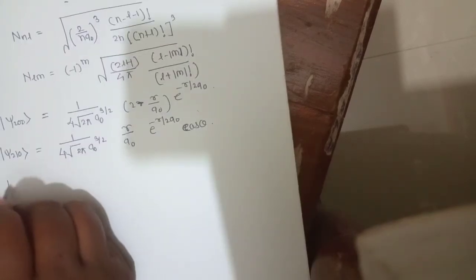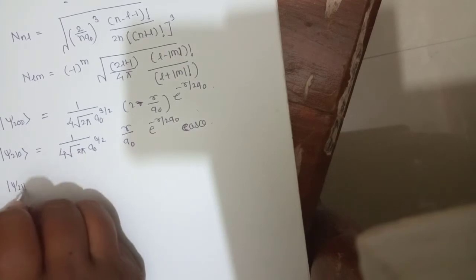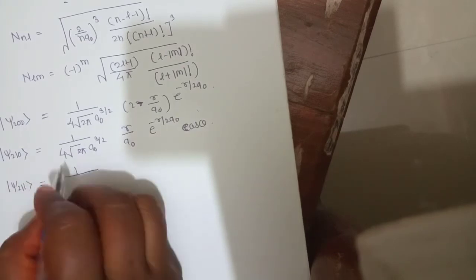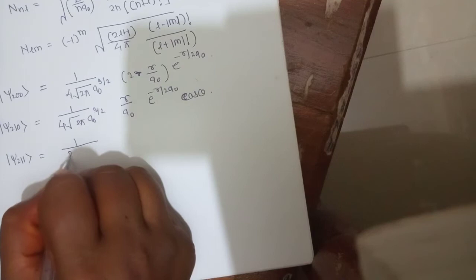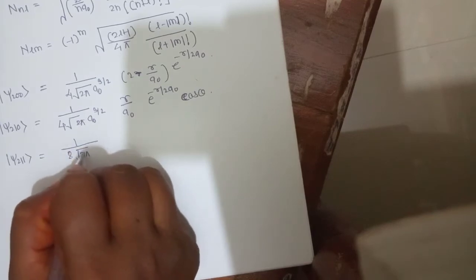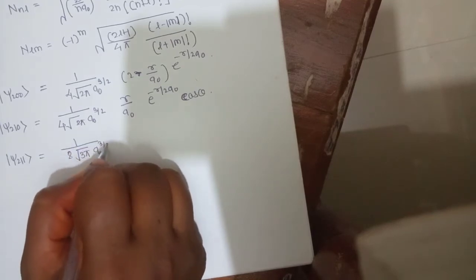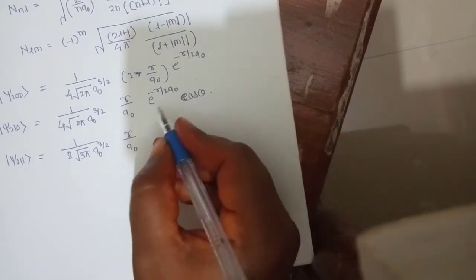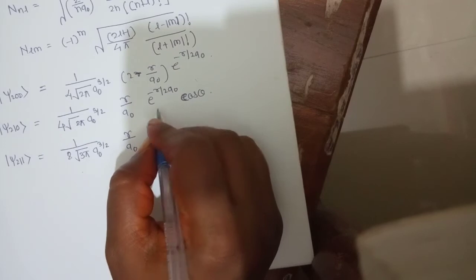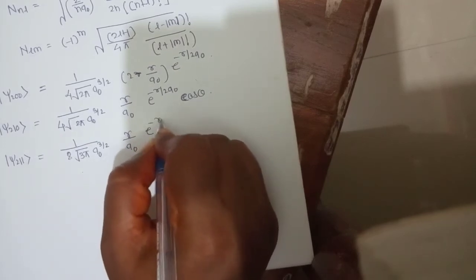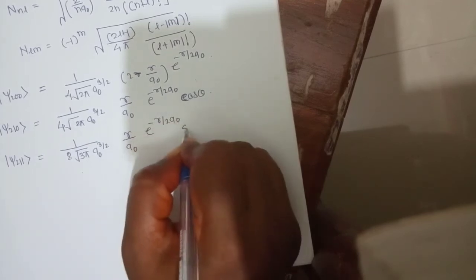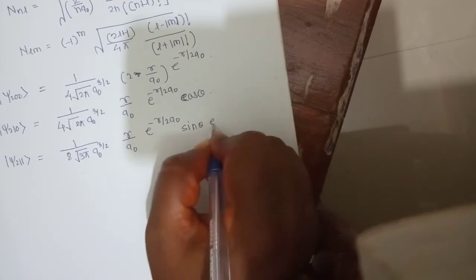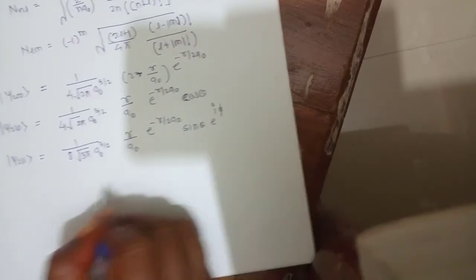Next, psi 211 is 1 by 8 square root of pi, a naught to the power 3 by 2, r by a naught, e to the power minus r by 2 a naught, sin theta, e to the power i phi.